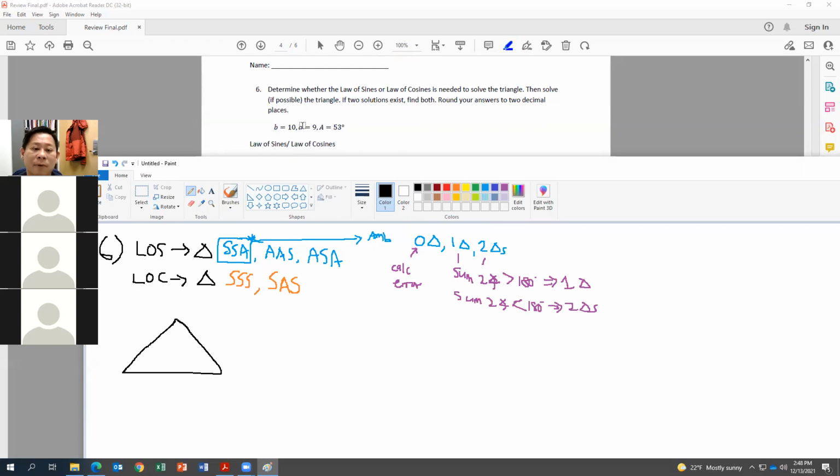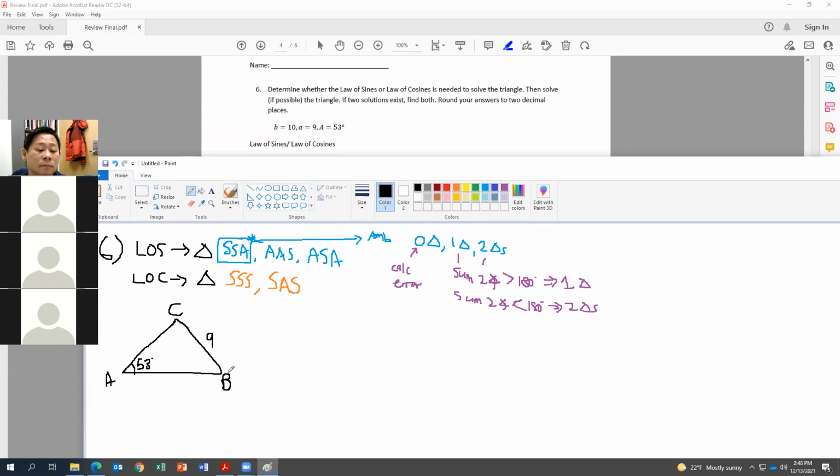draw a triangle and label it? On the left hand, it would be capital A. So if this is capital A and this is capital B, let's say, and this is capital C, again, you can switch things around, but make sure you know. Then how do you label this? 53 is the angle over there. 53 is angle A, yep, and across from the 53 is the small a, which is 9.